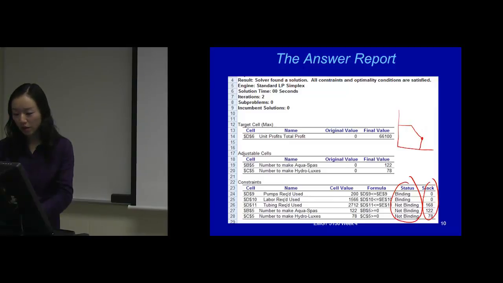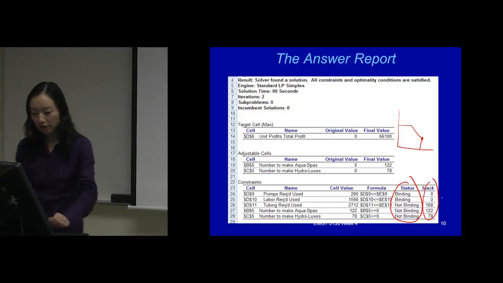And that's where the pump and the labor intersect. So these 2 constraints are binding and they have a slack of 0. And this slack means no more left, as it tells by the name, right? No more left, no slack. And this tubing part is not binding because it has 168 left.